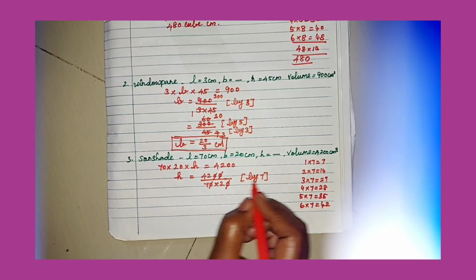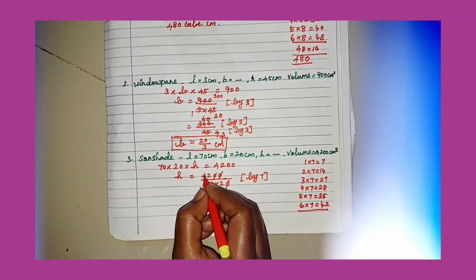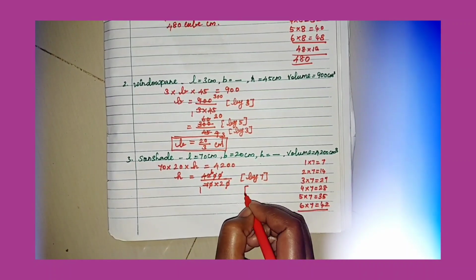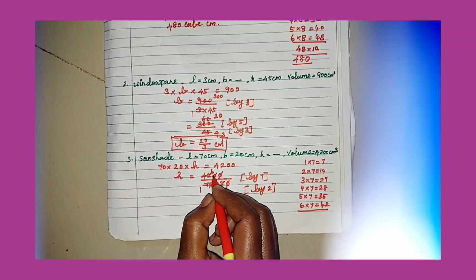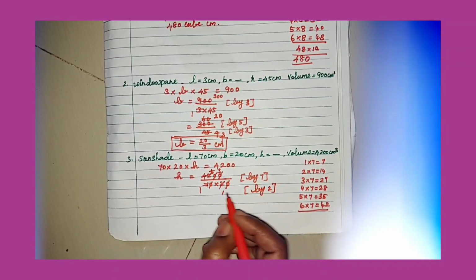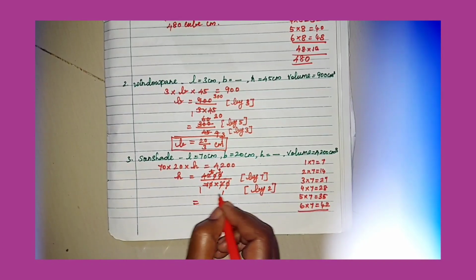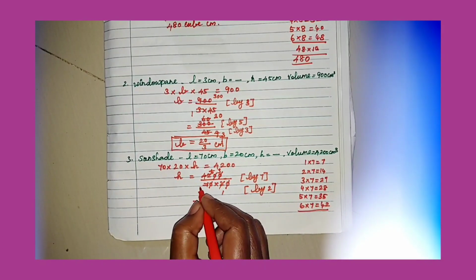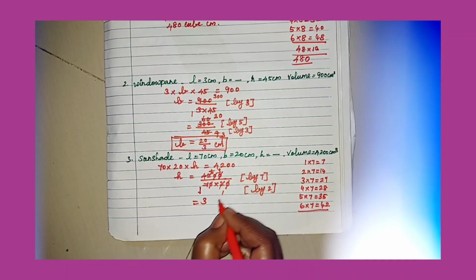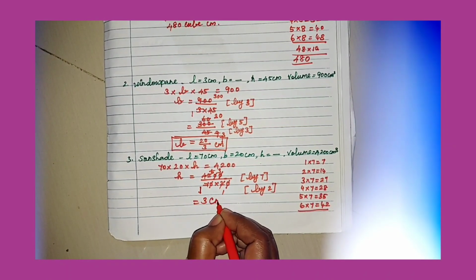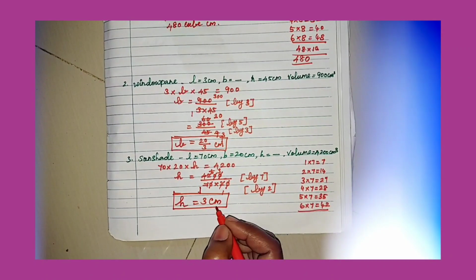So 1 7 is 7, 6 7s are 42. Next again take the 2 table: 1 2 is 2, and 3 2s are 6. So the bottom is 1, meaning no value, and the upper value is 3. So the height measurement is 3 centimeter. Height value 3 centimeter is the answer.